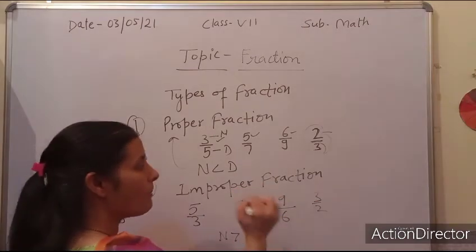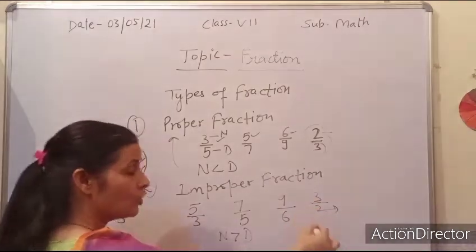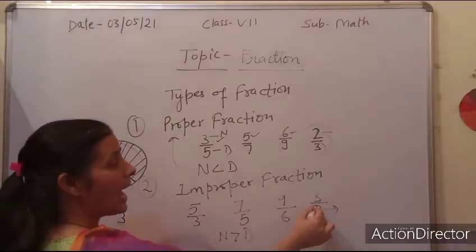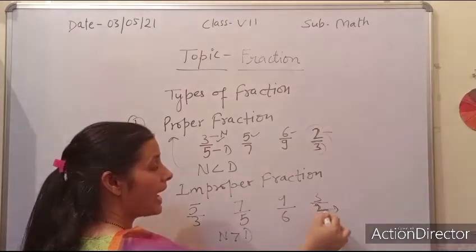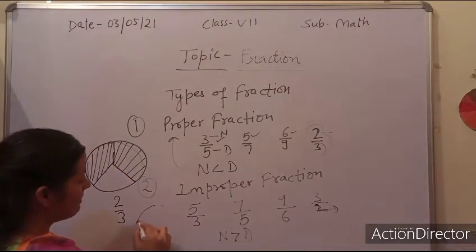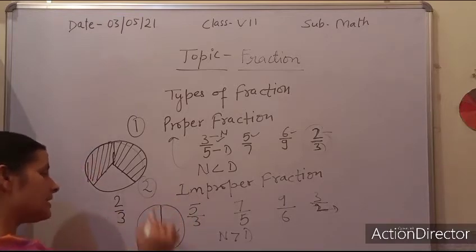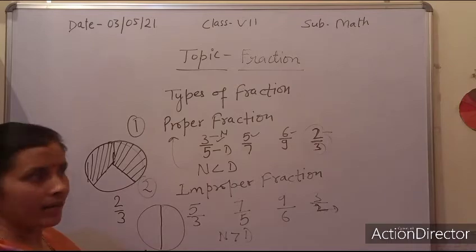Now this is proper fraction. But if we talk about 3 by 2, as I told you, the denominator means you have to divide the unit according to this number. Here the denominator is 2. Again I am taking the example of a chapati. Now I divide this chapati into 2 equal parts. Divided.